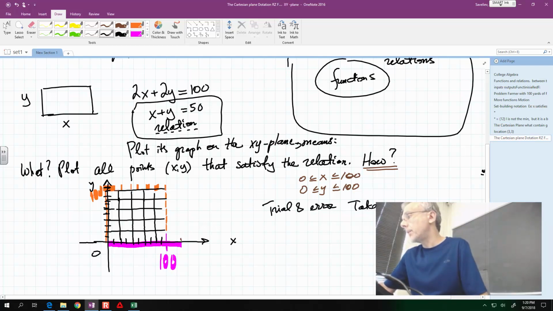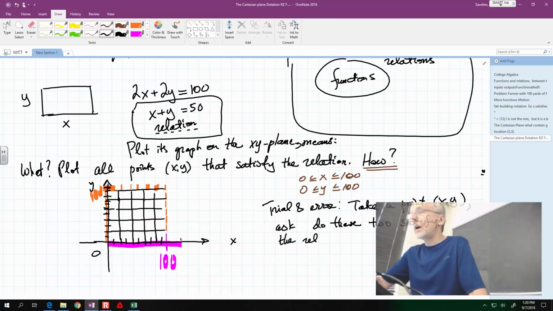Take a point x, y, so that's the plan, and ask: do these two satisfy the relation? Satisfy the condition? So in other words, are they related to each other?